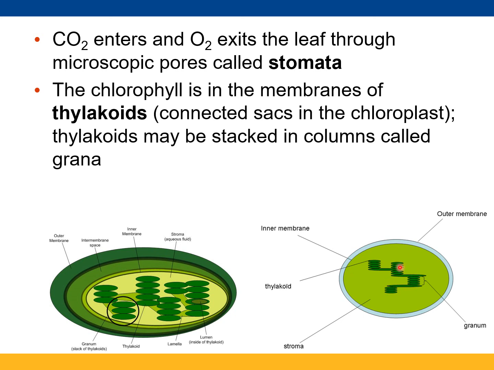That said, there's also a membranous interconnected network of sacs. An individual sac is a thylakoid. If we have a stack of those sacs, that would be called a granum, a singular. And if we have multiple stacks, and again, these are interconnected, they would be called grana.